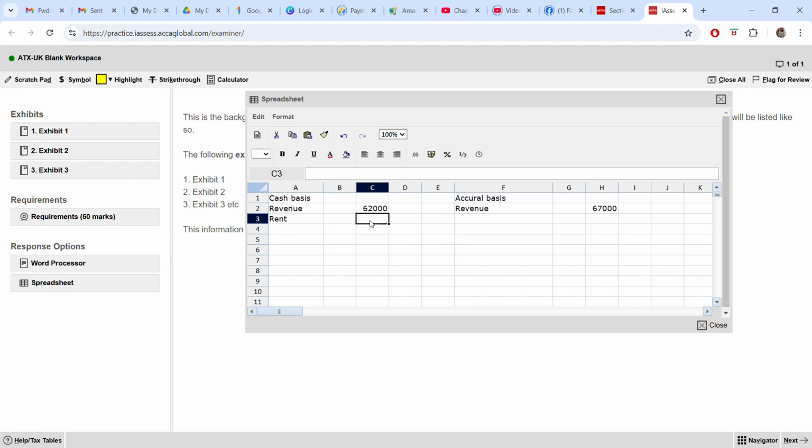They have clearly told us 5,600 under cash basis. I'll write here 5,600. All expenses under one column. This is revenue. So here the rent is accrual basis. How much for the period? It's 1,200 into 12 because 1,200 for 12 months under accrual basis. 14,400.